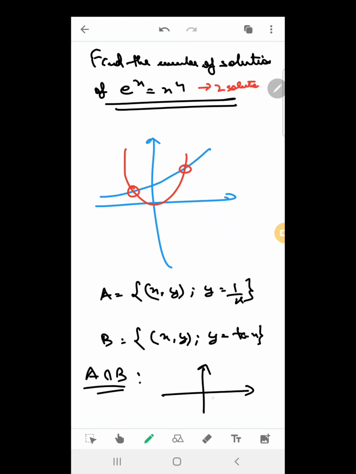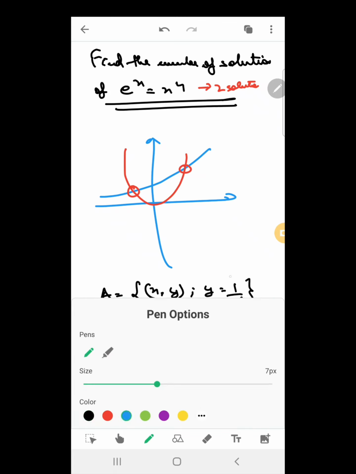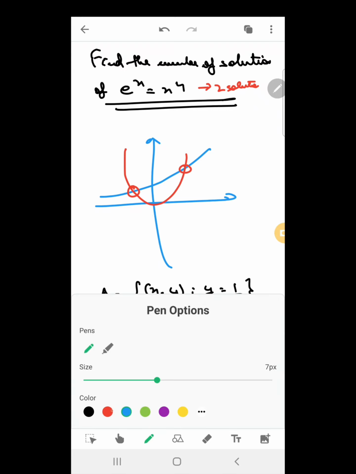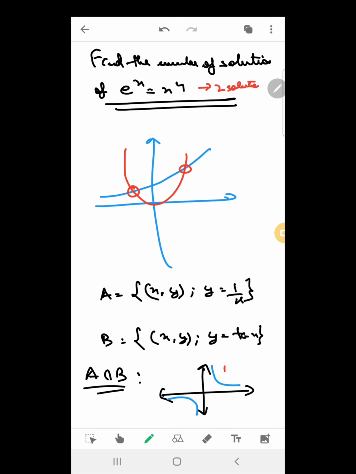You graph both the given functions. 1 over x has a hyperbolic kind of graph like this, and tan x has a graph like this. Getting my point? In this way you can find the intersecting points, which will give you the A intersecting B solutions. Got it? So graphing is important.